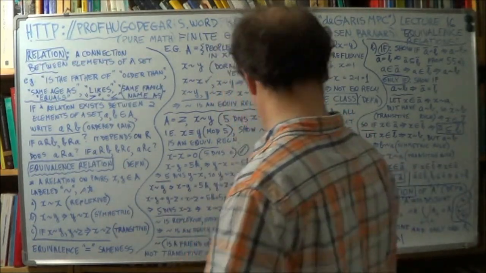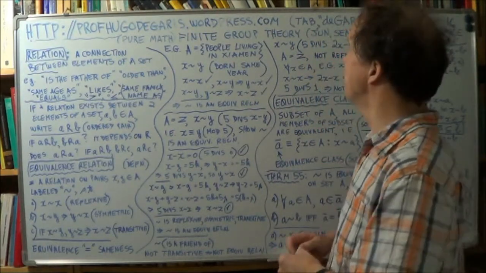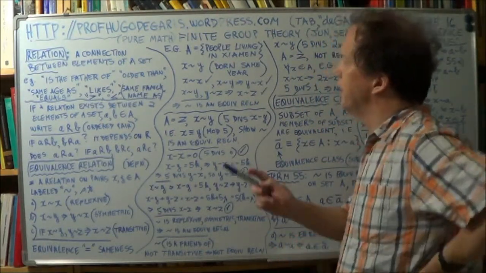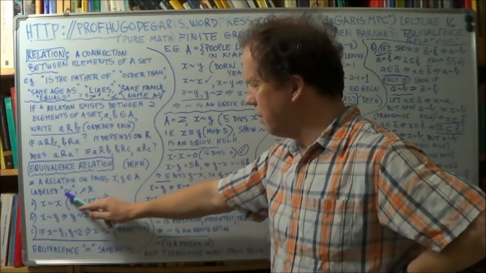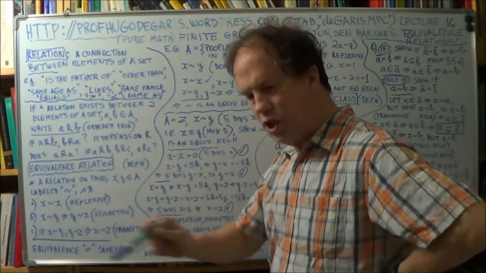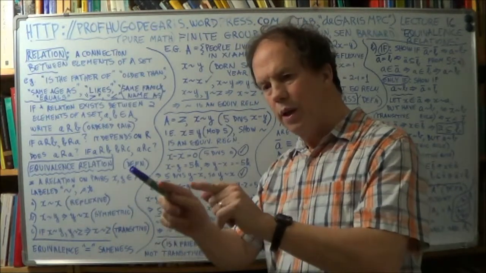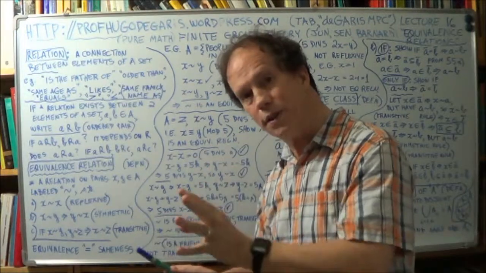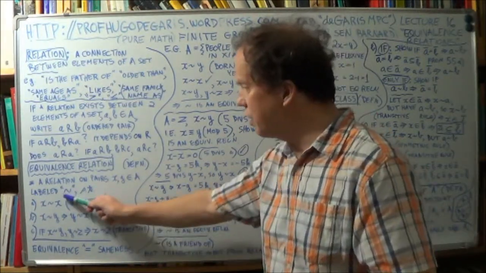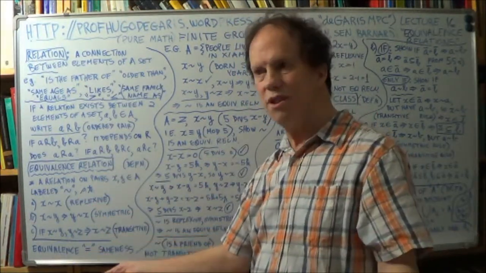Okay, now let's actually do some examples. Now a relation holds between pairs of elements of a set. Okay, so you have to specify the set. A relation on its own is sort of meaningless.